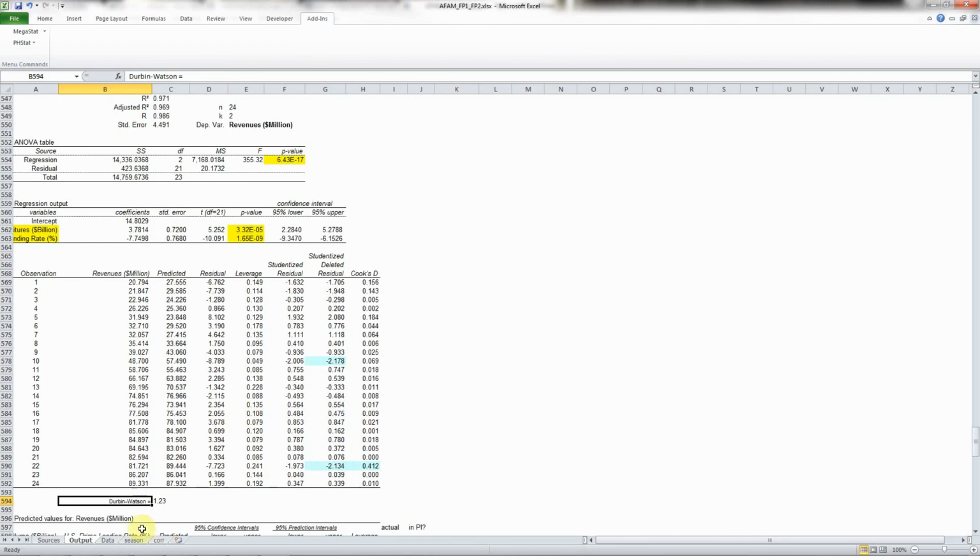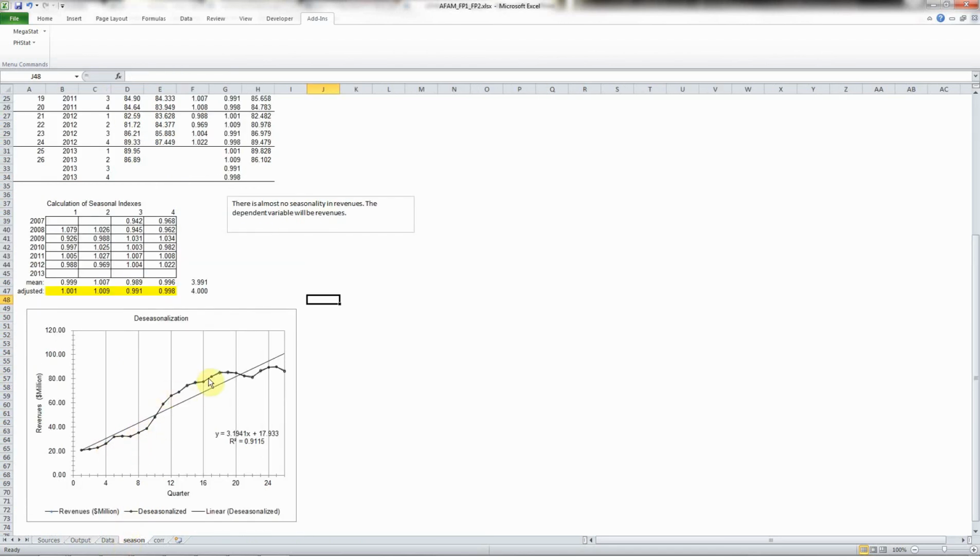Well, let's see what we can do about this Durbin-Watson problem. Remember that we noted that there were some potential modes here. Let's just say we don't really know what might cause this, but we want to take into account that down here, the revenue seemed to be in one mode, and then here it started to go to another mode, and then here maybe another mode.